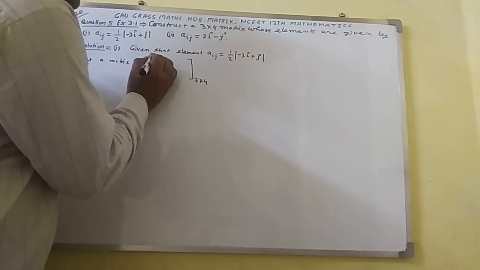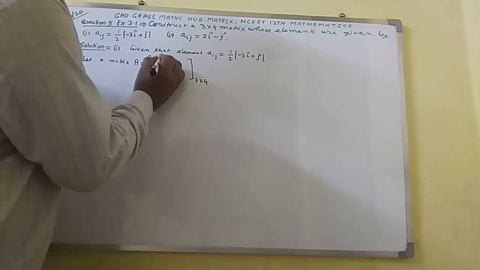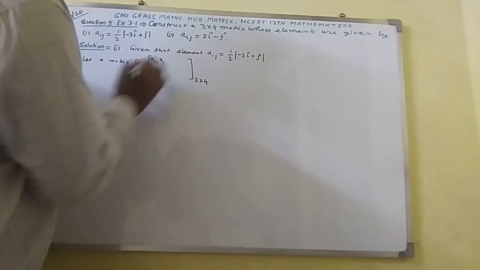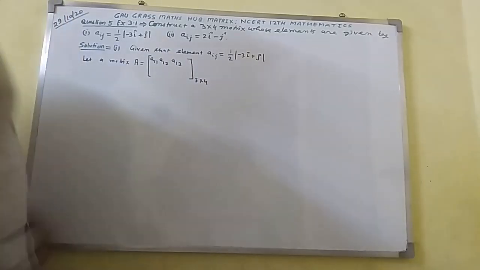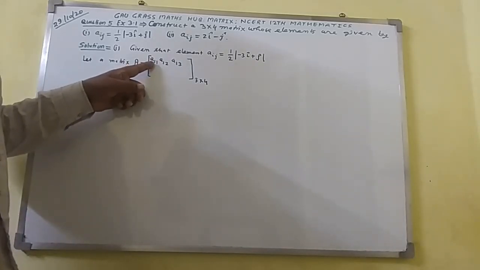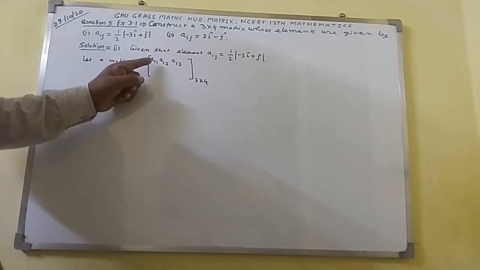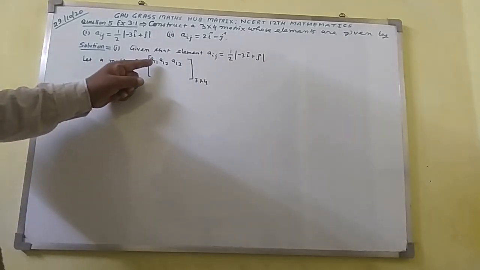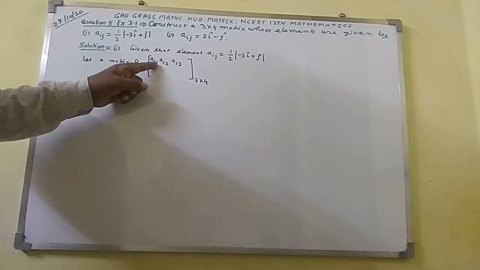So here I shall write a11, a12, a13. Here you can see a11: the first index represents the row position, and the second index represents the column position.